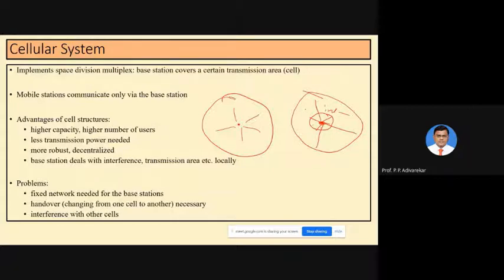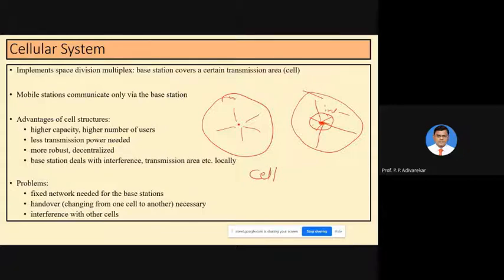That small region which is covered by a single base station is known as a cell.